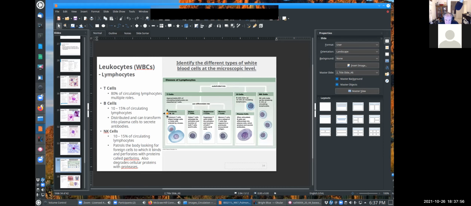Out of the T cells, you've got 4 different types too. So you might just try to remember those. T cells, B cells, natural killer cells. And then out of the T cells, you've got cytotoxic, helper, suppressor, and memory.